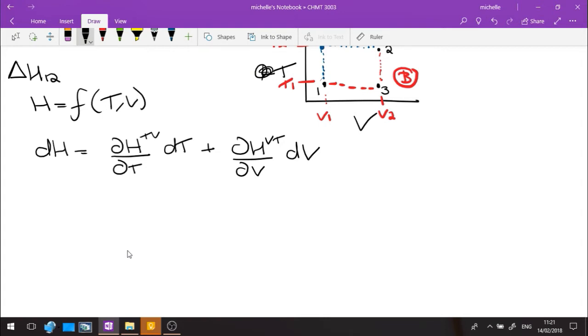But wait a minute, they gave me the definition of the function for this particular system. They gave me that H equals T squared over V. And you, oh, okay, that's great.